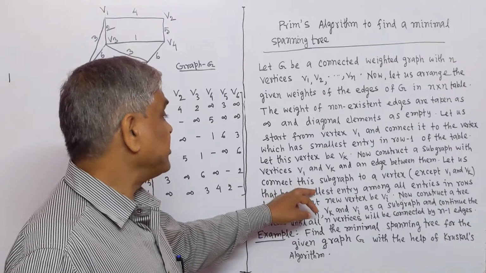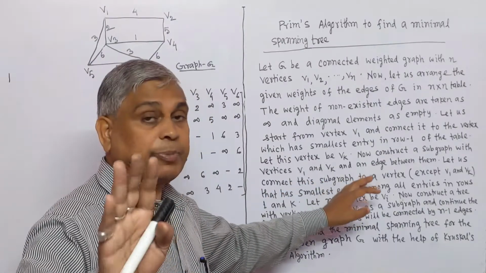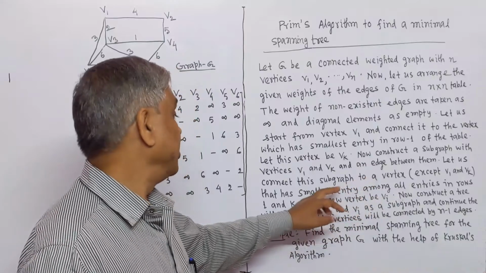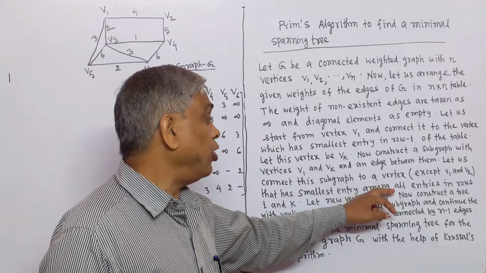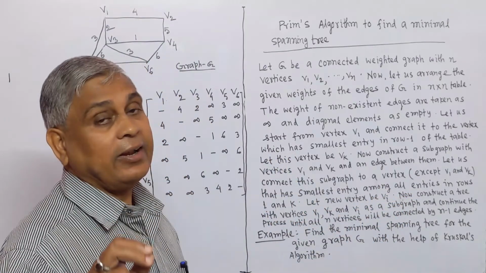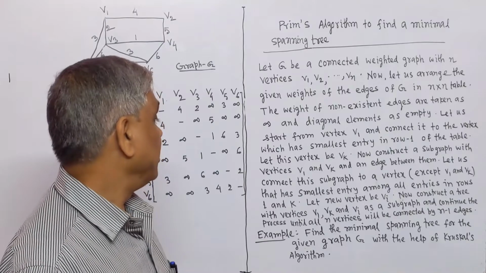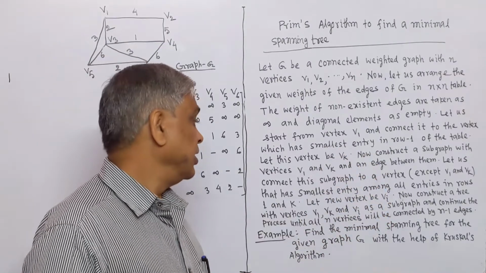Let us connect this subgraph to a vertex, other than V1 and Vk, that has the smallest entry among all entries in row 1 and row k. Let the new vertex be Vi.